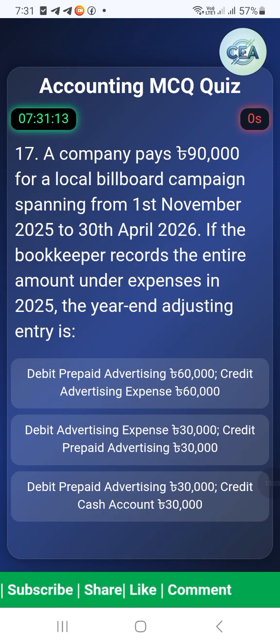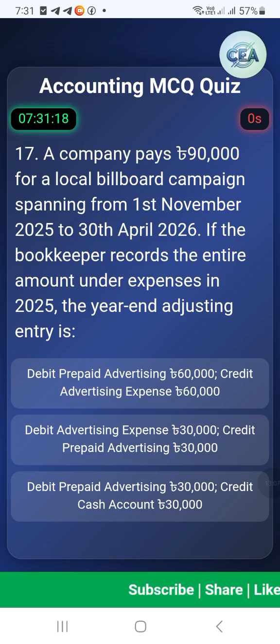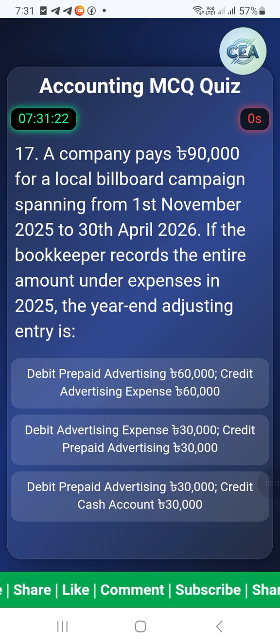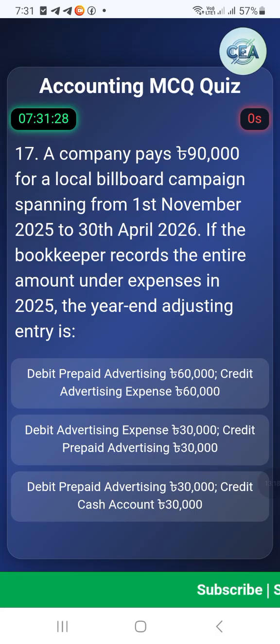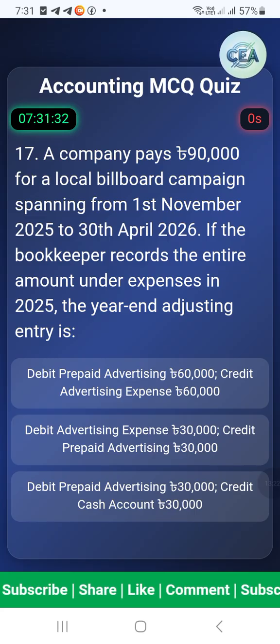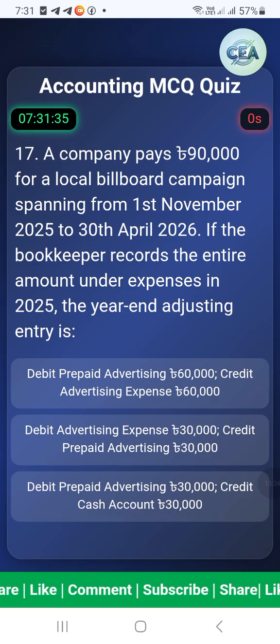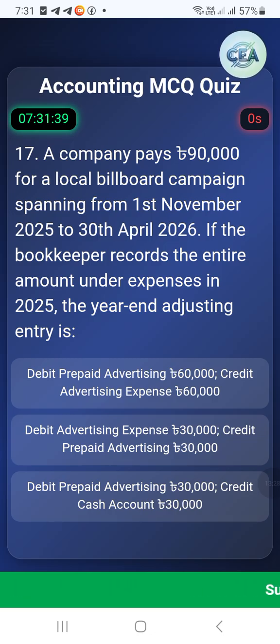17. A company pays 90,000 takas for a local billboard campaign spanning from the 1st of November 2025 to the 30th of April 2026. If the bookkeeper records the entire amount under expenses in 2025, the year-end adjusting entry is: Option 1. Debit prepaid advertising 60,000 takas, credit advertising expense 60,000 takas. Option 2.